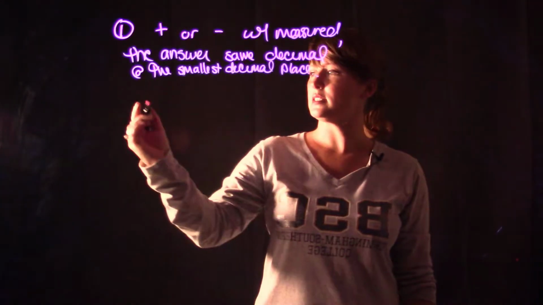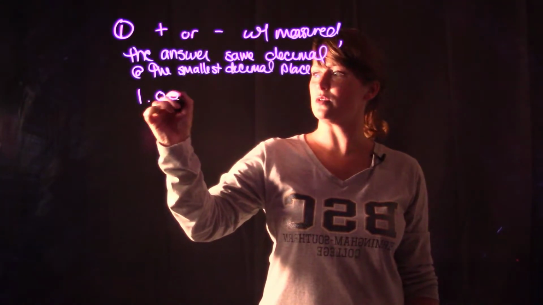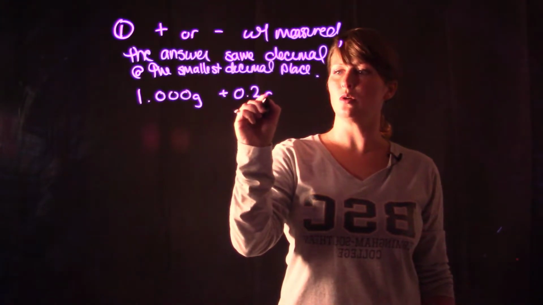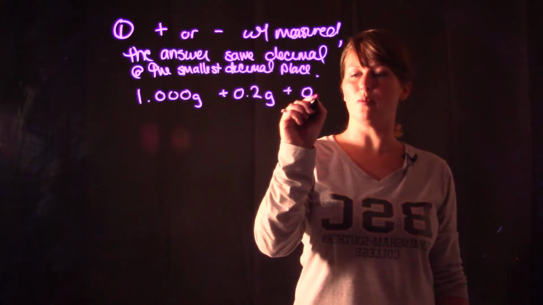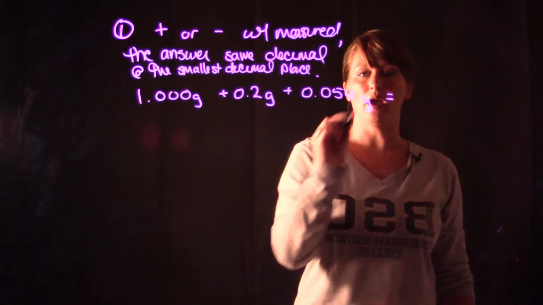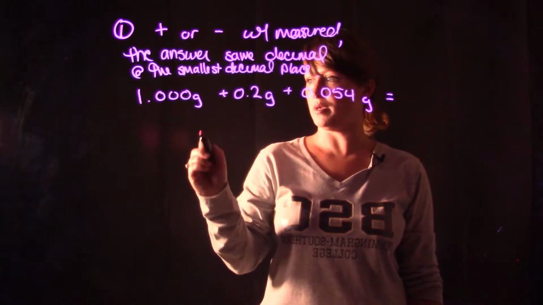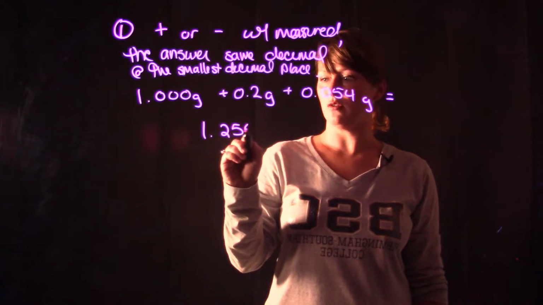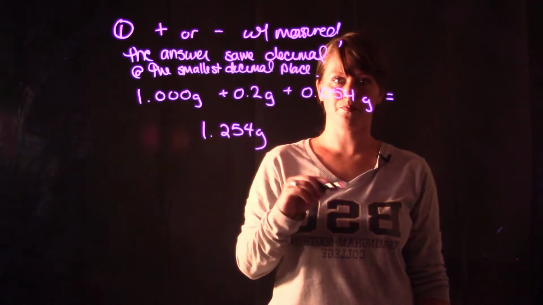So for instance, if we had 1.000 grams plus 0.2 grams plus 0.054 grams, the whole answer would be 1.254 grams.